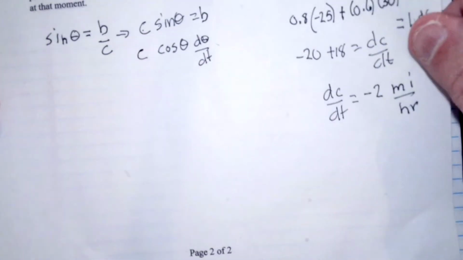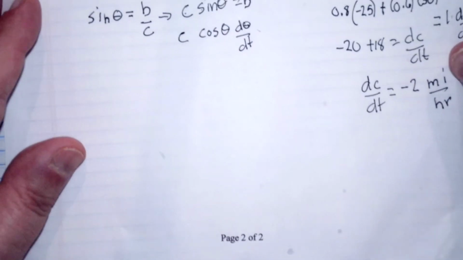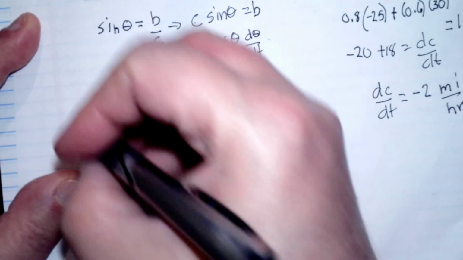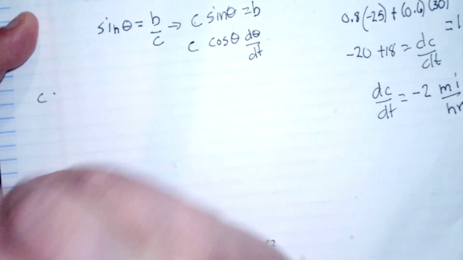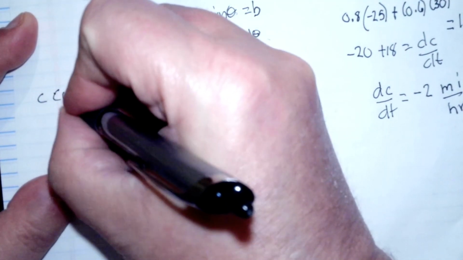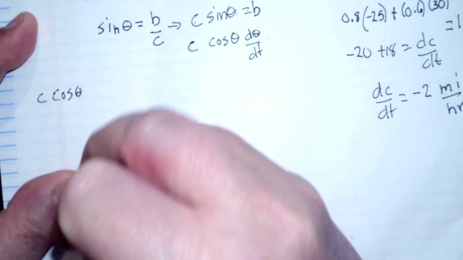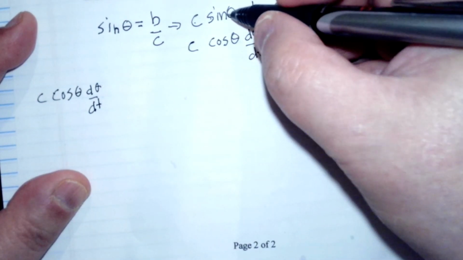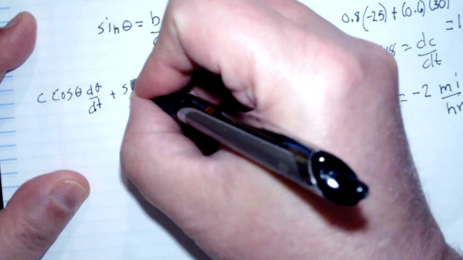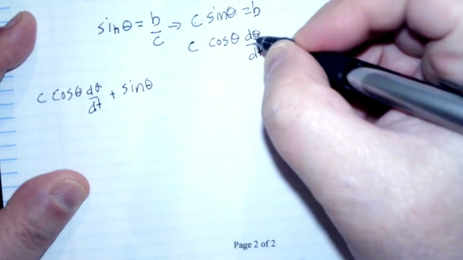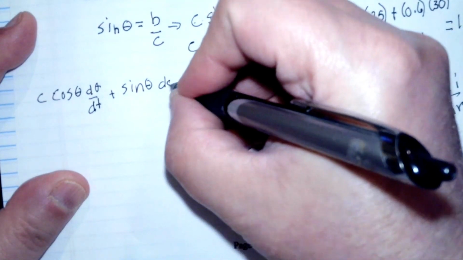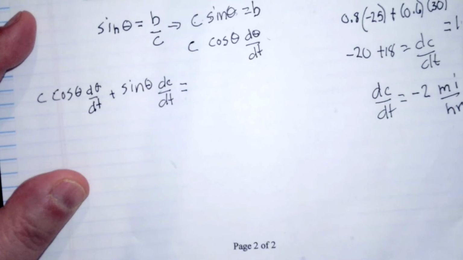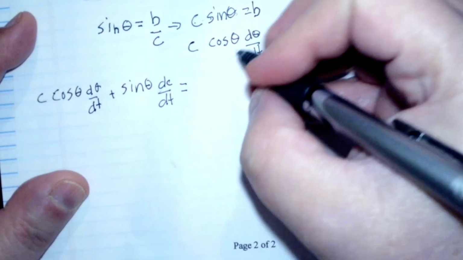In fact, I'm going to move this over here. So we've got c times cosine theta d theta/dt. Now we need sine theta times dC/dt is equal to dB/dt.